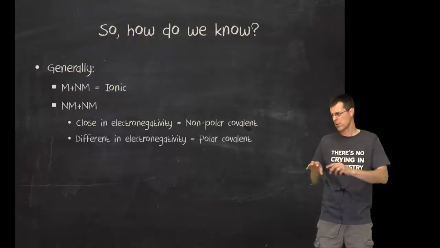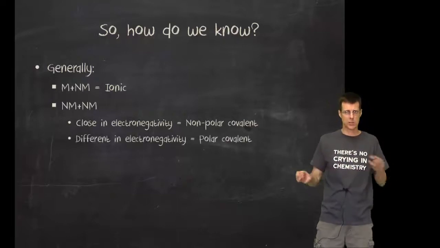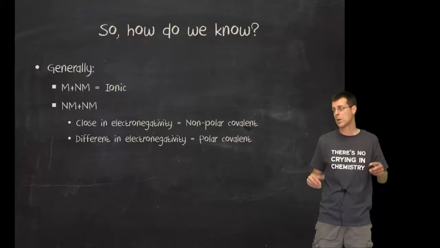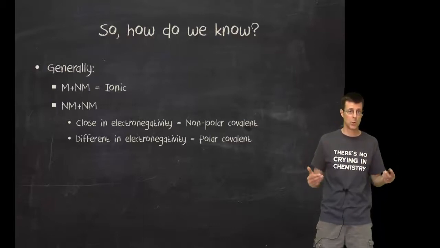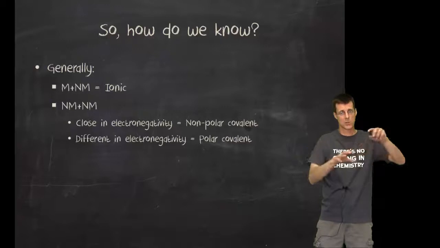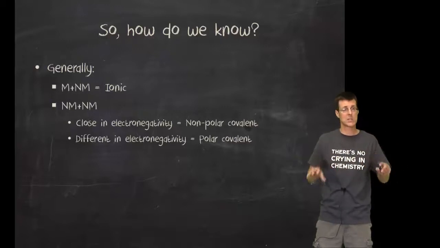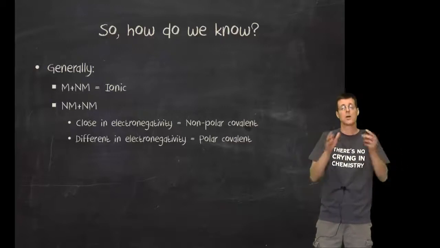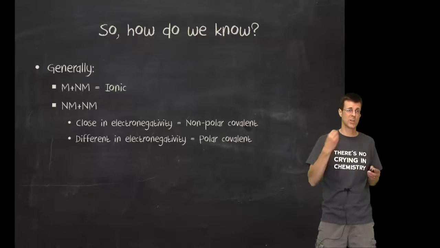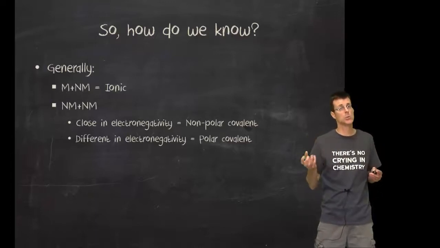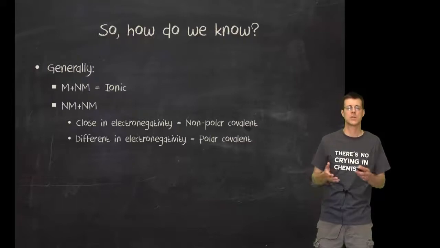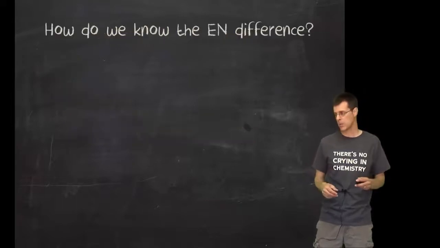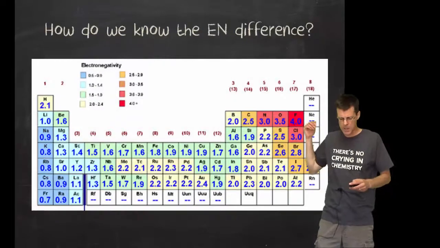If they are a little bit farther away in electronegativity, a little bit farther away in the periodic table, then they're going to be more likely polar. Now, of course, the way the trend works, it might not work every single time, but we want to have a good handle on the periodic table. If we can use that periodic table as a tool for everything, then we're going to be in good shape.